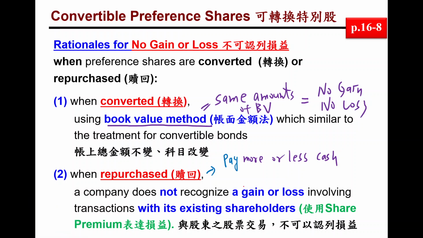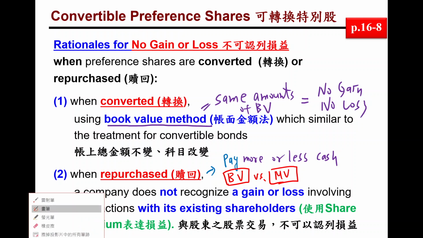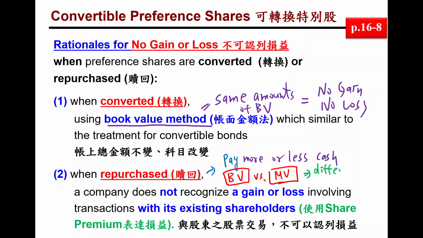But the difference between BV and NV, remember, we don't use gain or loss. We use what? Share premium.